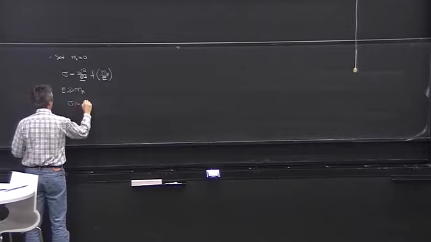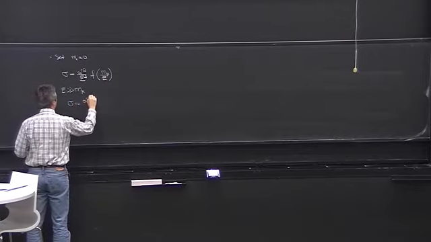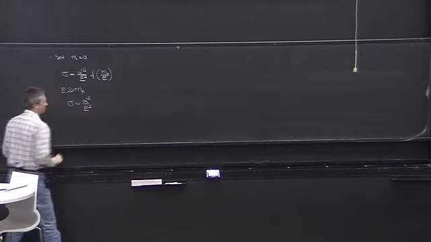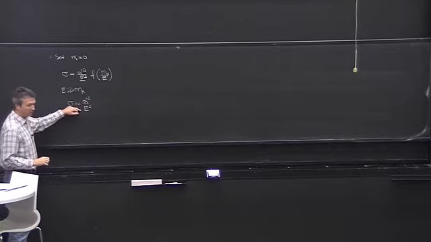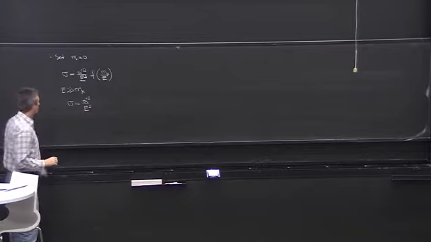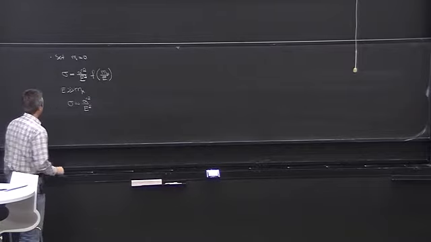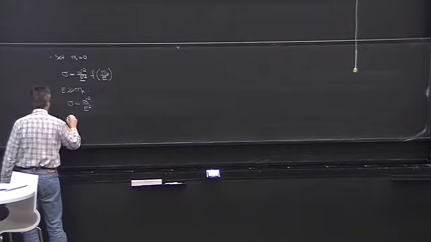And so then at large energies, the cross-section will decrease as 1 over energy squared.